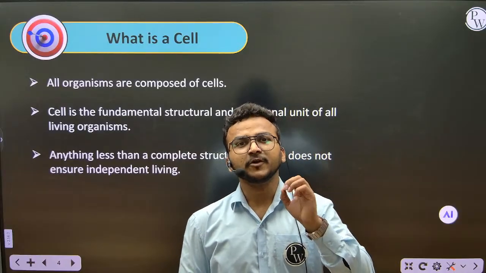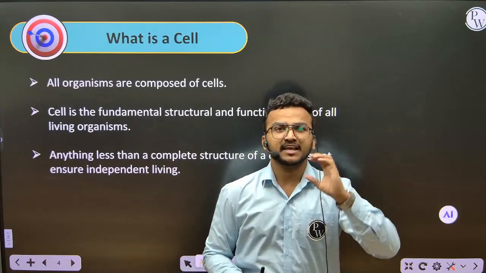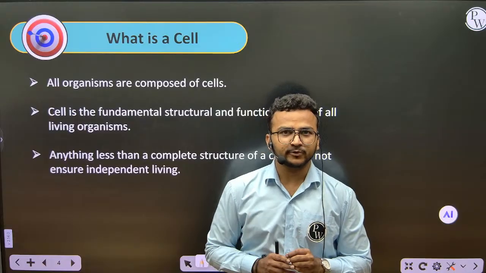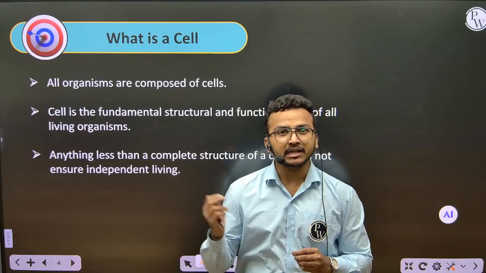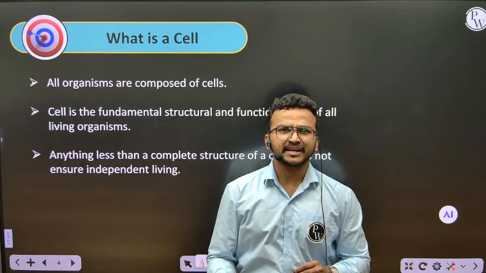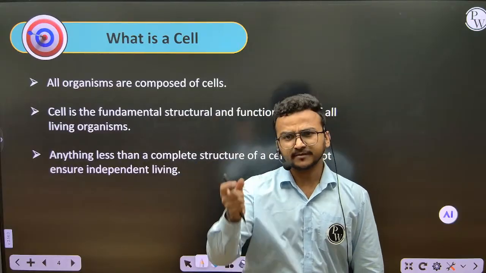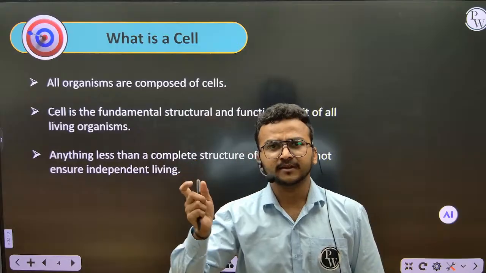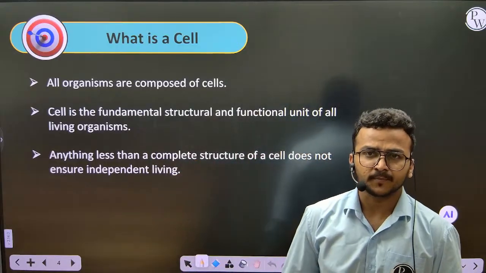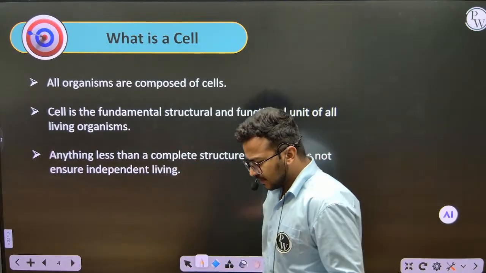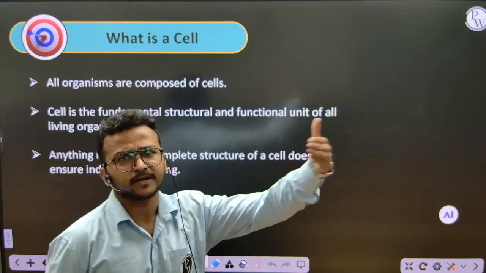If an organism has only one cell, we call it a unicellular organism, where all the functions are carried out within the same single cell. Coming to multicellular organisms, we see different types of cells.